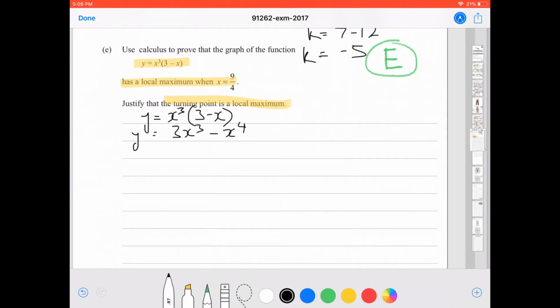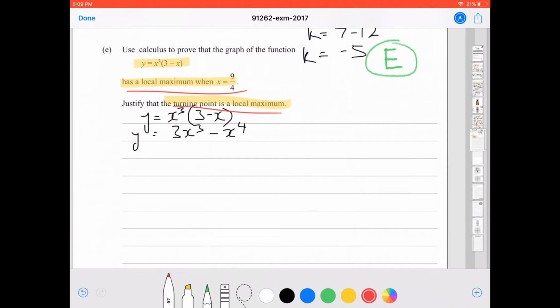Okay, and they're talking about this local maximum when x equals 9/4. Again, what is a maximum? Well, that is like your turning points, right? And it mentions it here. Justify that the turning point is a local maximum.